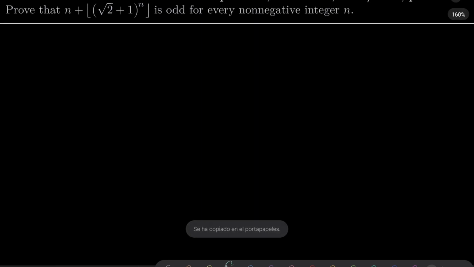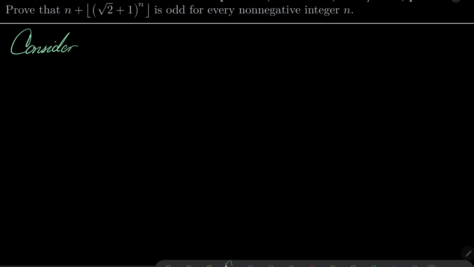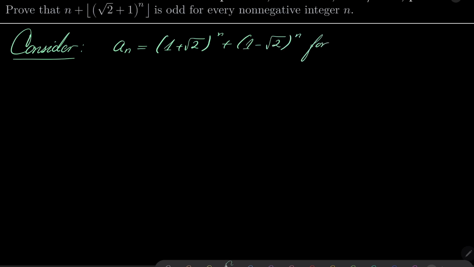All right. So as I said, let's consider a_n to be equal to (1 plus square root of 2) to the power of n plus (1 minus square root of 2) to the power of n for any natural number.